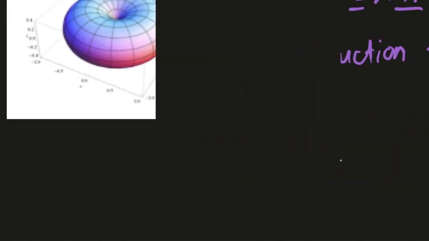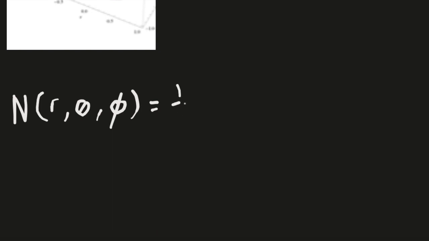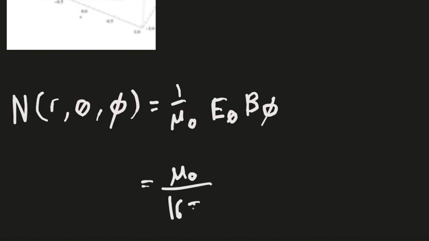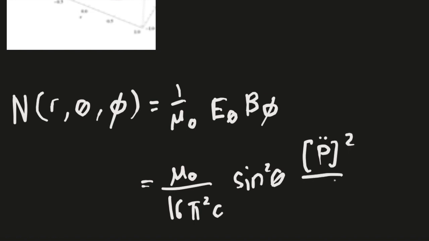Now, in the far field region, what we can say is our Poynting vector, if you do the math, is going to look like something like E theta B phi, which is going to be mu naught over 16 pi squared c, sine squared theta, p double dot squared over r squared.